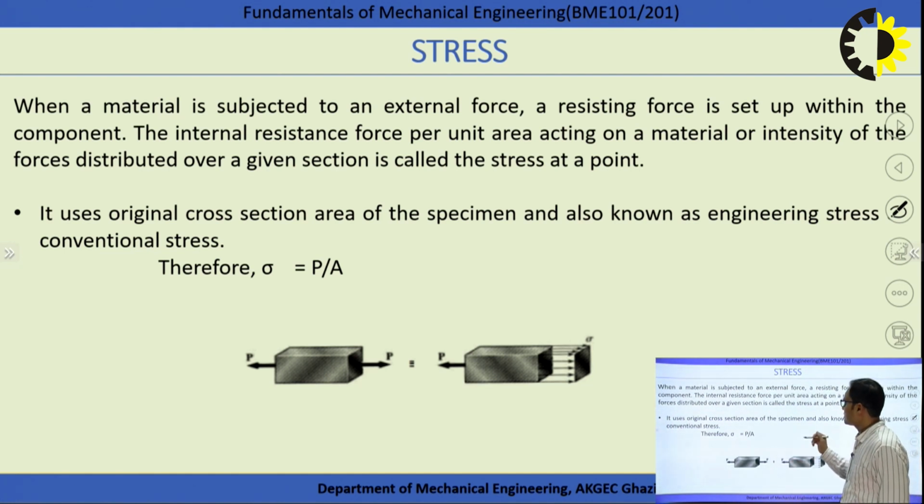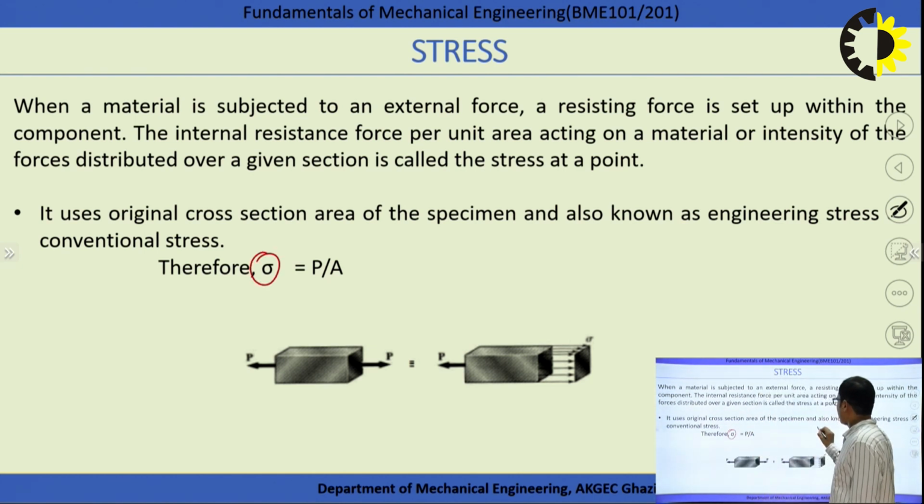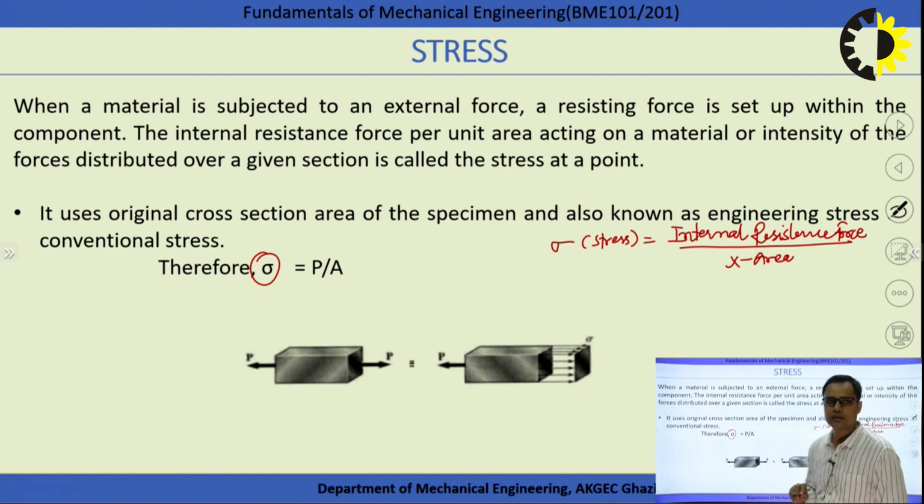So generally the stress is represented by sigma, right? So what is sigma? What is stress? Stress is nothing else, that is the internal resistance force per unit cross section area, right?